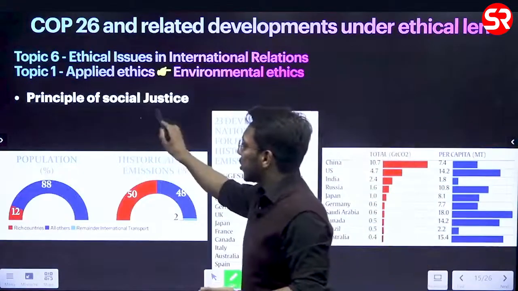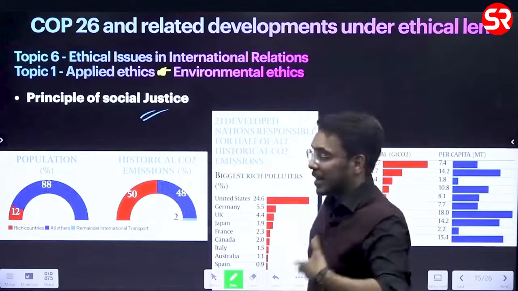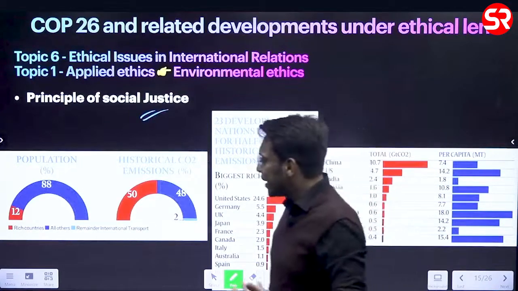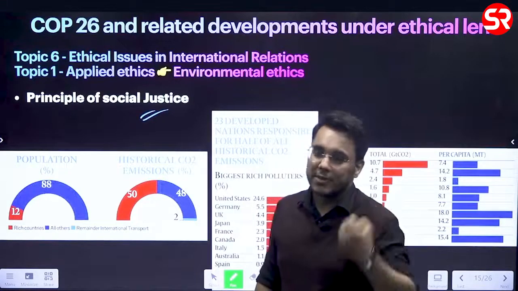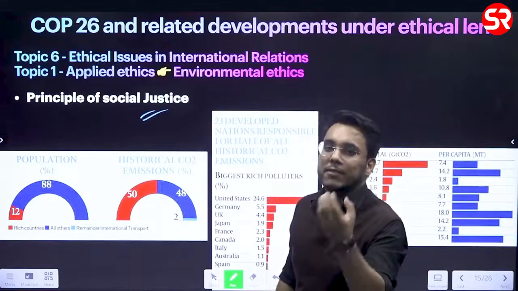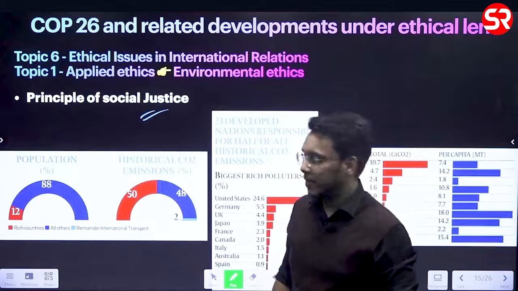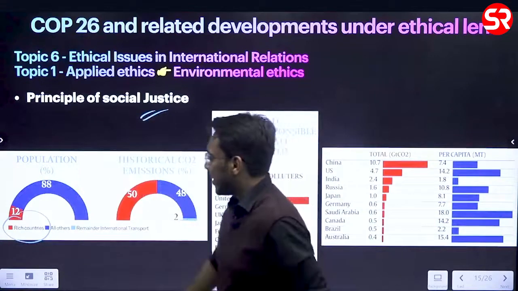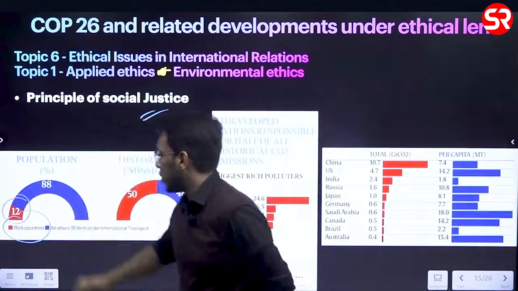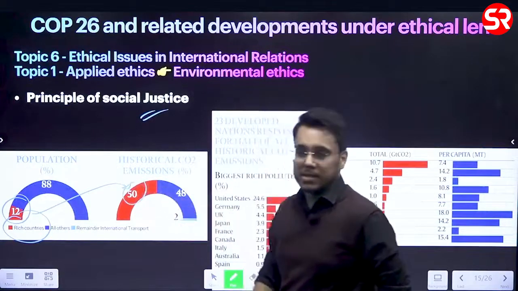Second, the principle of social justice. The principle of climate social justice provides that everybody needs to be given a fair share of environmental resources. Even in the emission space, the fair share needs to be given. It was provided that the rich countries have just 12% of the population, but the historical CO2 emissions by them are 50%.